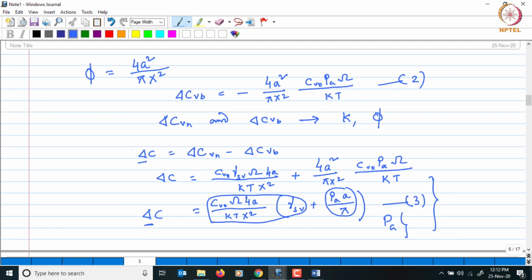So we'll have to understand when the pressure is applied at a higher temperature, what happens to the material as such. That is something we are going to take up in the next class. So for this particular class, this is all I have.